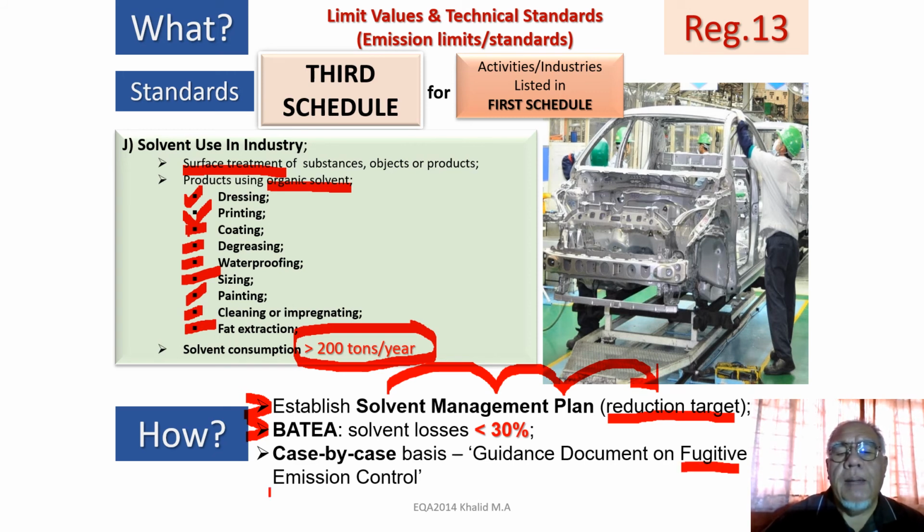And then we have got also a case-by-case basis on the guidance document on fugitive emission control. So for solvent, I think you know, solvent is having some amount of vapor pressure. It is volatile, therefore it emits into the atmosphere or the air above it some form of volatile organic carbon, depending on the type of solvent that you use.